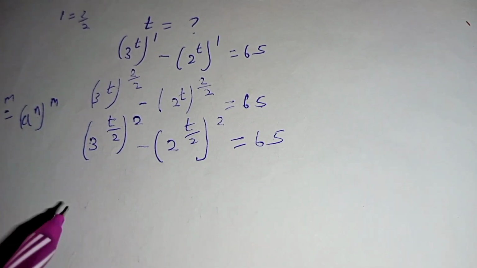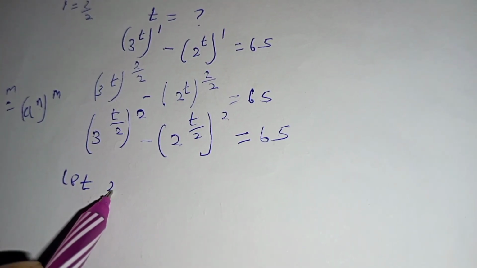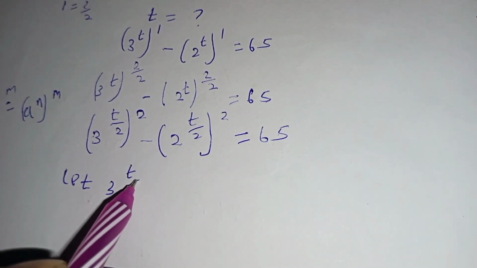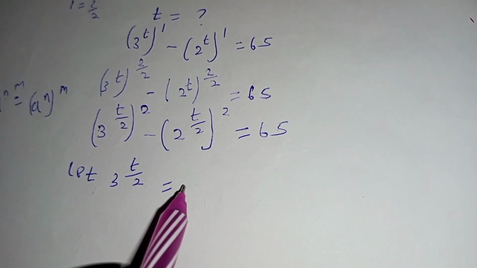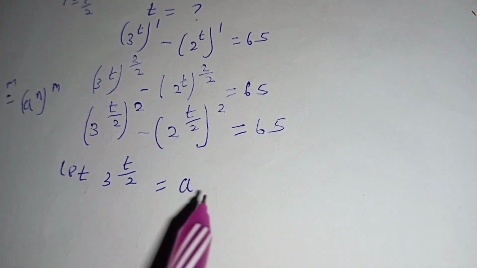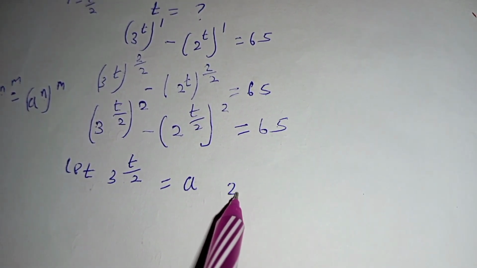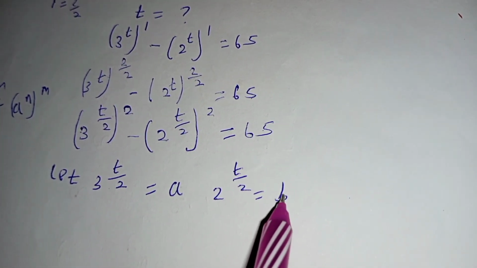Then from there we let 3 to the power of t over 2 be equal to a number of our choice. I can let it be a, and also we let 2 to the power of t over 2 be equal to b.